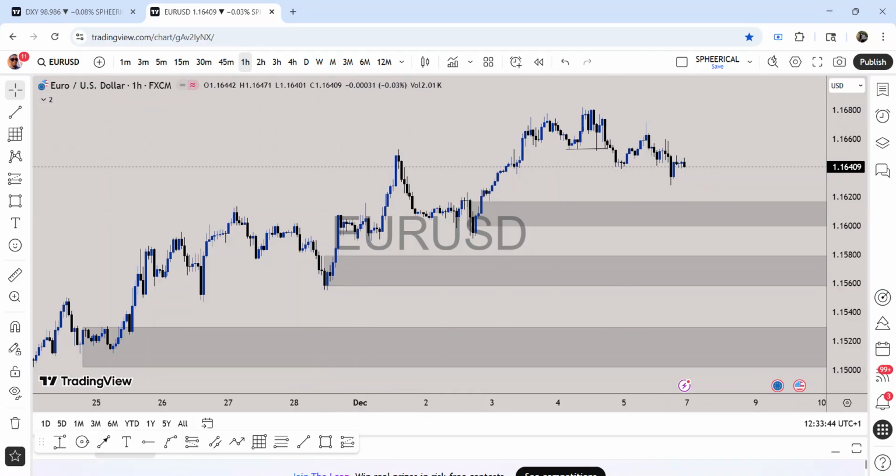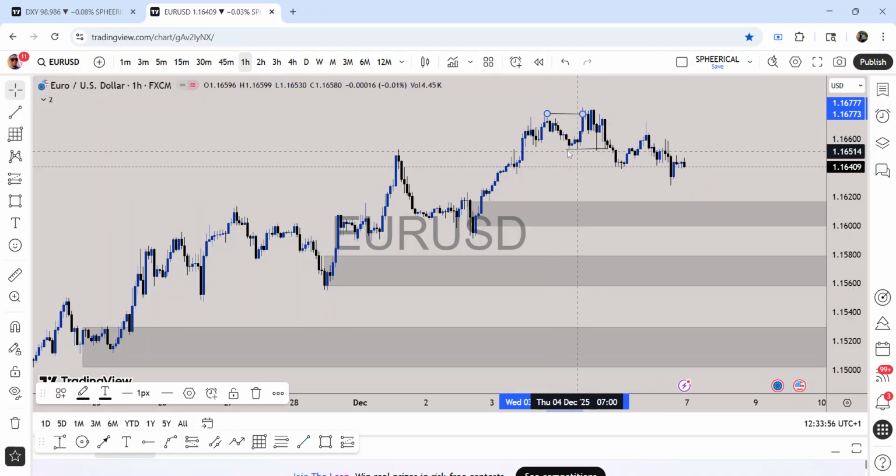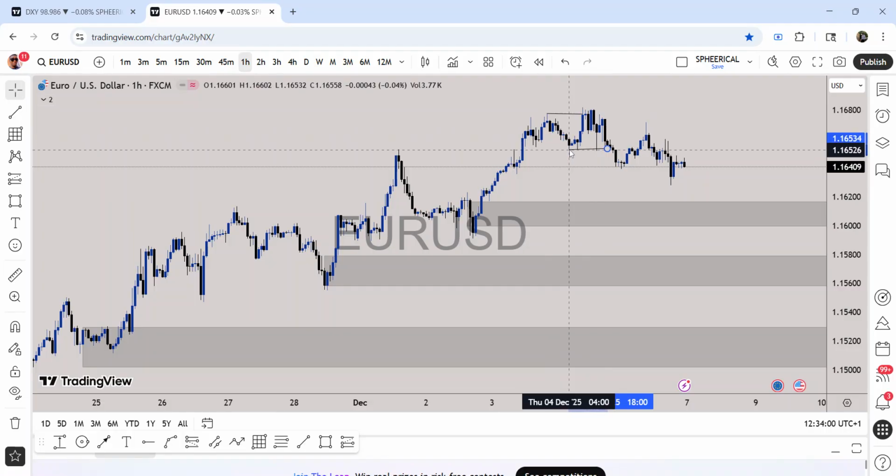Then we have a liquidity sweep at this zone. It is very clear. There's a break of structure there. Then the market broke the points that caused the break of structure, so it is a change of character. Then the market retested on this other block.